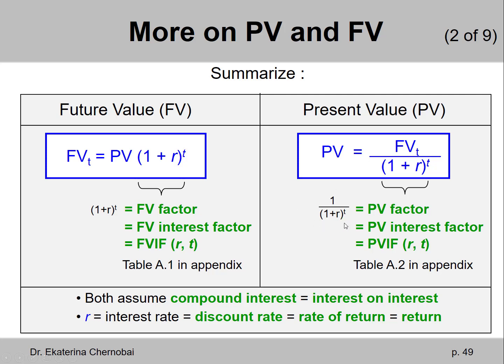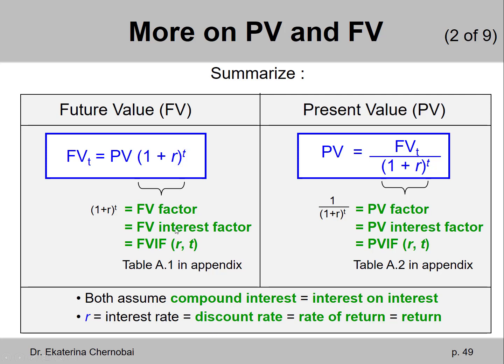And 1 divided by the future value factor is the present value factor. So the present value factor is the reciprocal of the future value factor. And it was already explained earlier that each factor has its own table at the end of the textbook, which you're free to use. Feel free to use if you like.